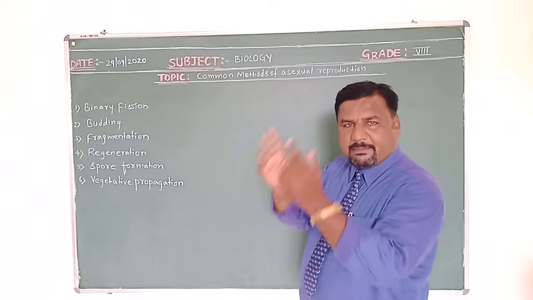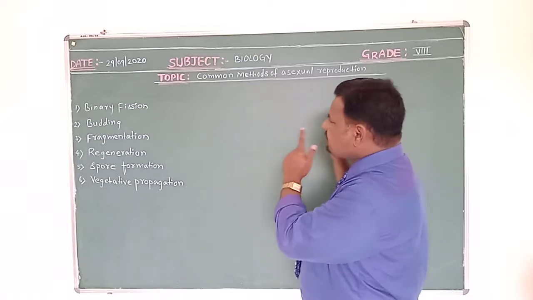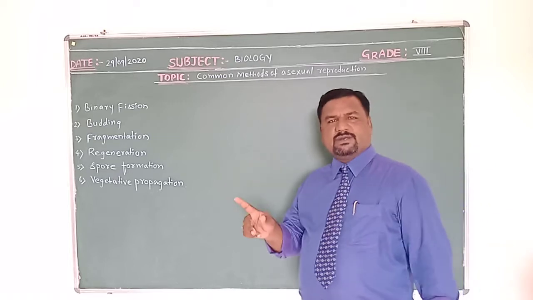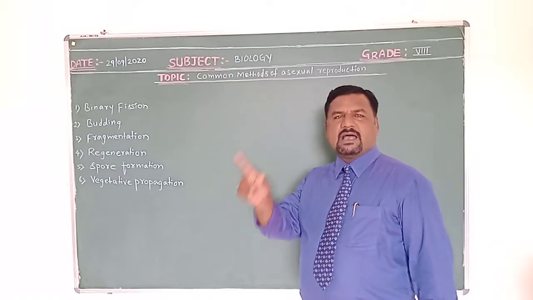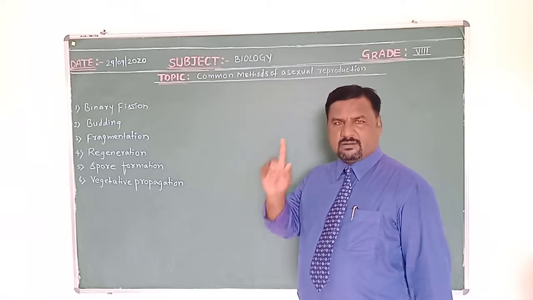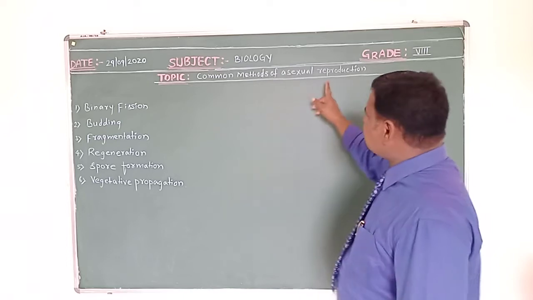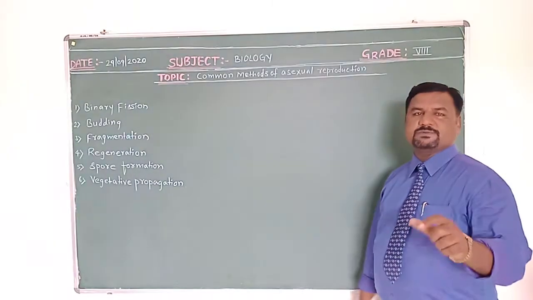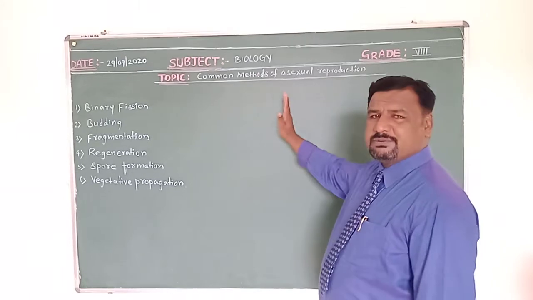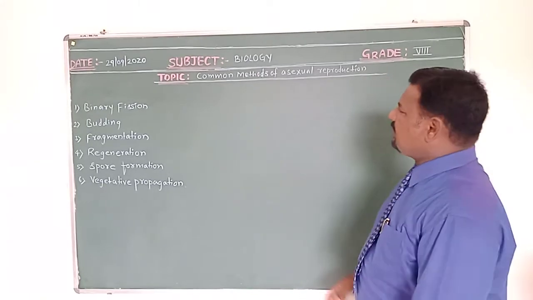In sexual reproduction, gamete fusion takes place; in asexual reproduction, no fusion between gametes. As a result of asexual reproduction, the offsprings will be identical to their parents. So these are the major differences between sexual and asexual reproduction.